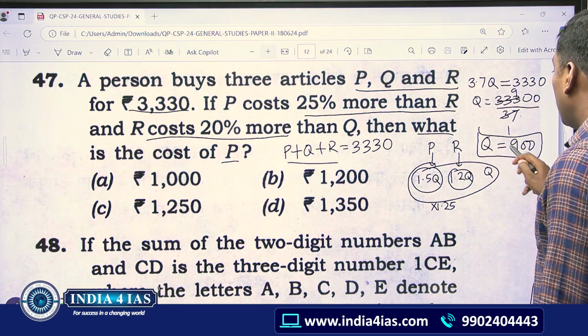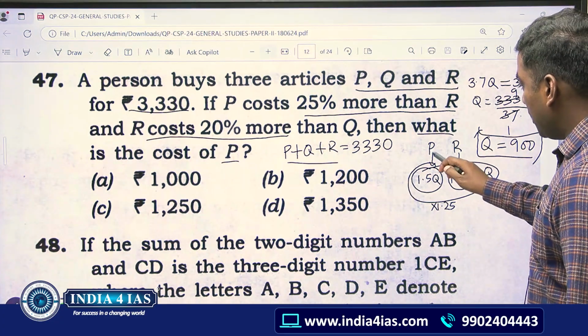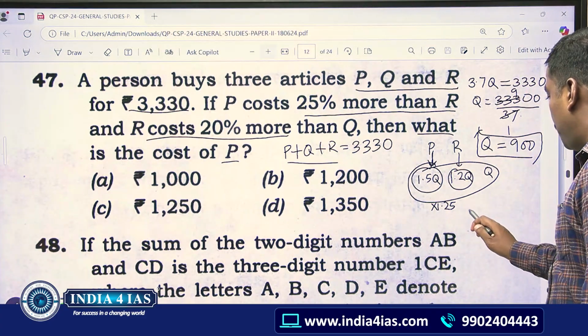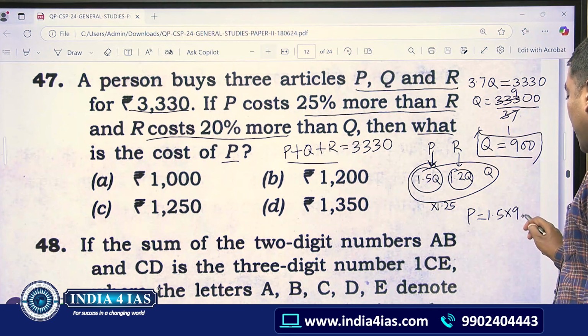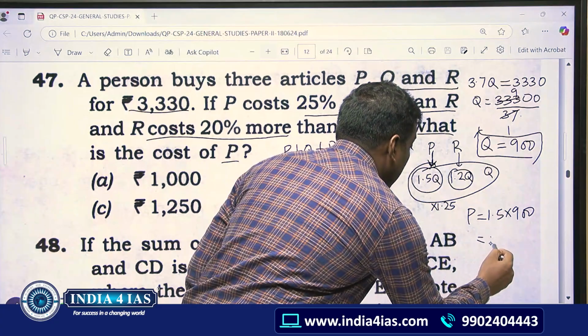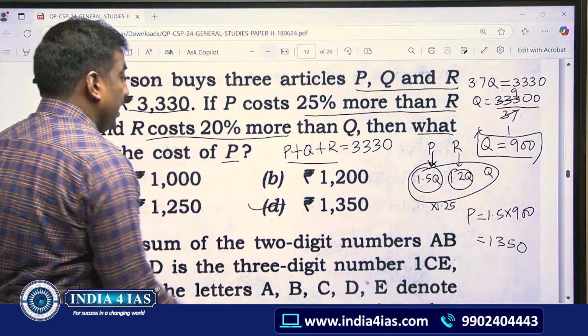When Q is equal to 900, P is 1.5 times of Q. So P is equal to 1.5 times of 900, which is 1350. So P value is 1350.